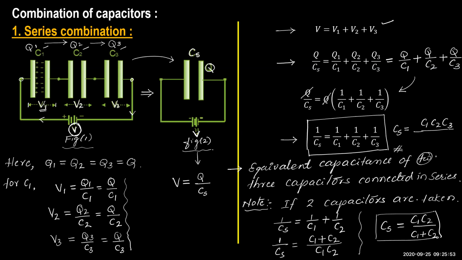Then in the denominator, it will be C1 C2 plus C2 C3 plus C3 C1. So that is another modified form of the equation. While solving problems, you can directly use these formulae instead of taking the capacitance in the reciprocal form.